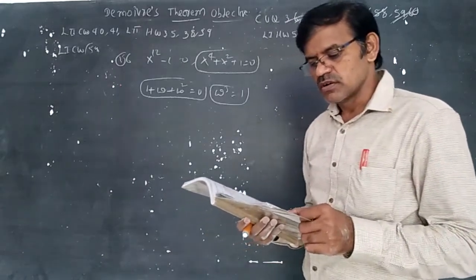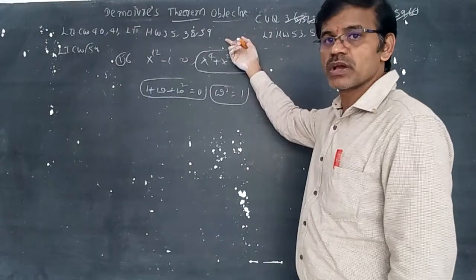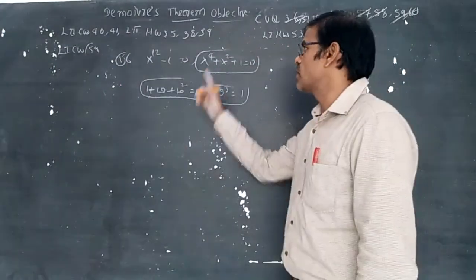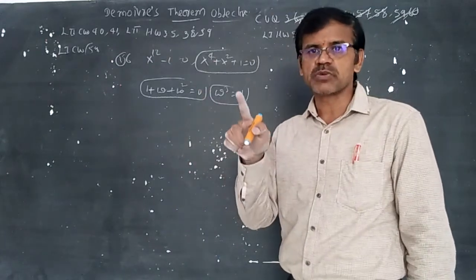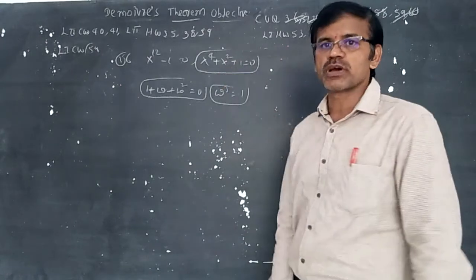Yes, first and third. Of course, omega square also. Because omega square whole power 4 becomes omega power 8, and omega square whole square becomes omega power 4. Omega power 8 becomes omega square, because omega power 8 is equal to omega power 6 into omega square. Omega power 4 becomes omega cube into omega.